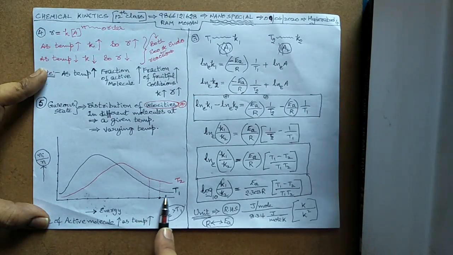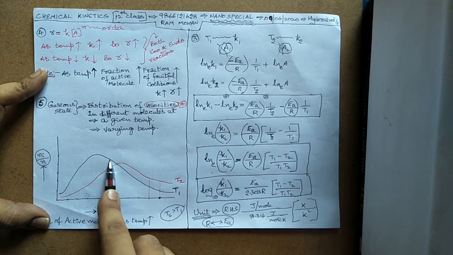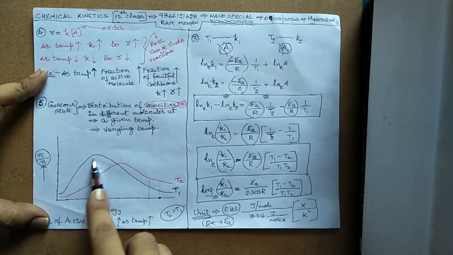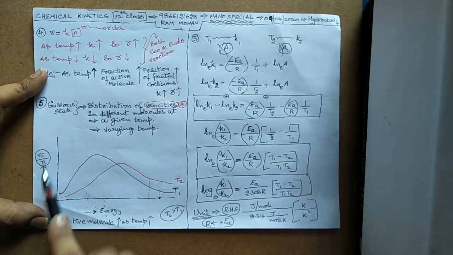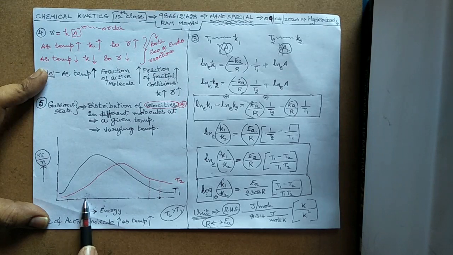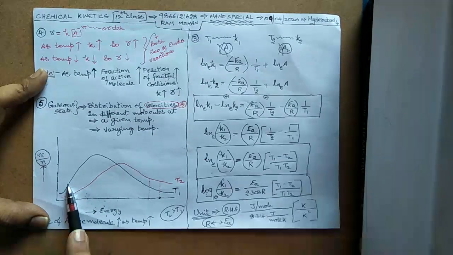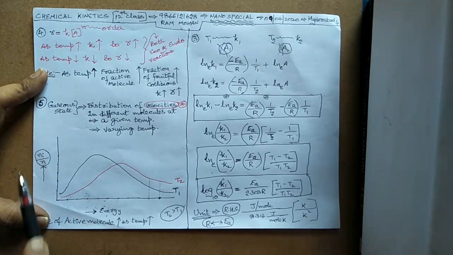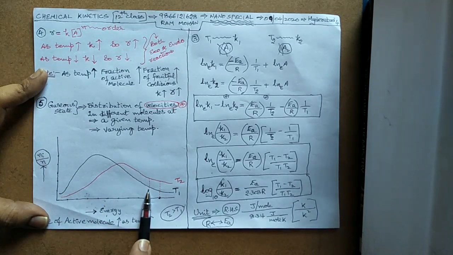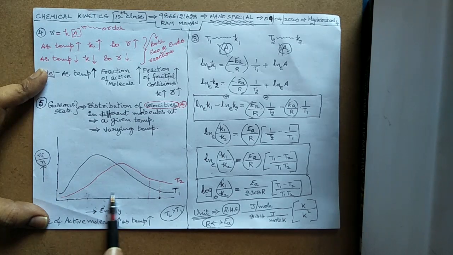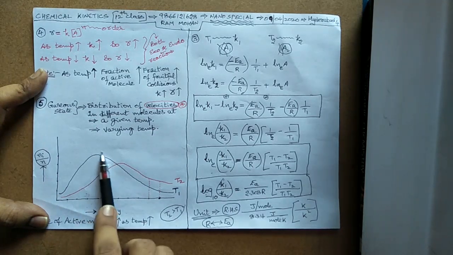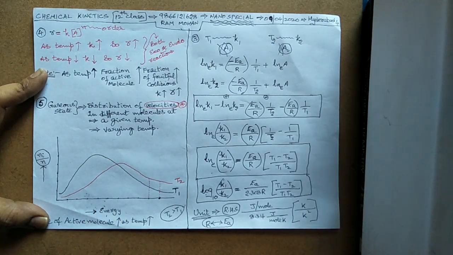So see the graph that has fallen. This is the graph that we are talking about. What did the graph tell us? The fraction of students who are getting less marks is less. The fraction of students who are getting very high marks is also less. The fraction of students who are getting intermediate marks, in between minimum and maximum, that fraction will be higher.